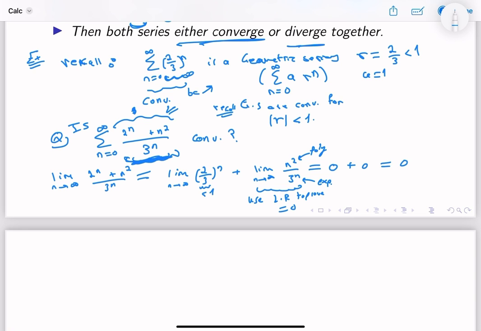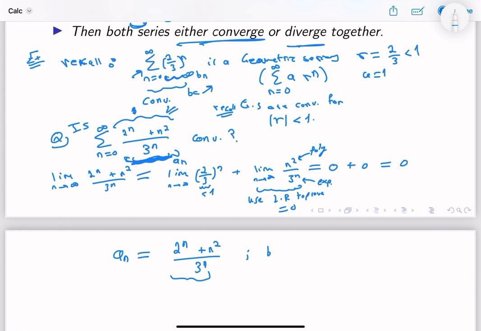So you resort to our new tool, which is the limit comparison test, okay? So let me write things here. We have a_n equals 2 to the n plus n squared over 3 to the n. We're interested in the sum of this, and we're going to call this a_n. And we know that the sum of this other one is convergent, so let us call this b_n.